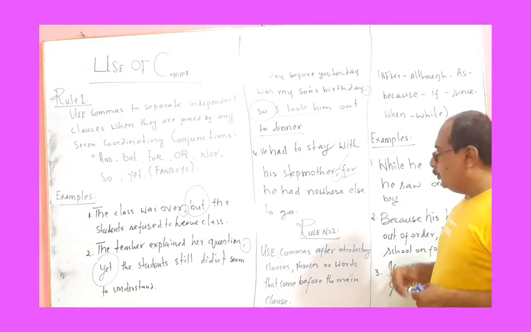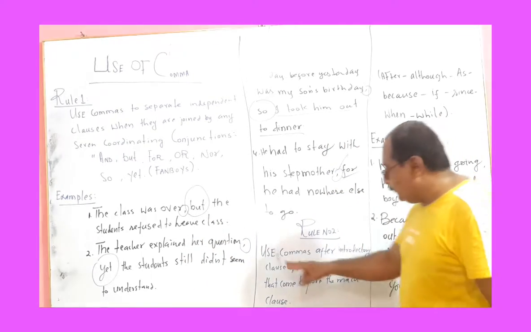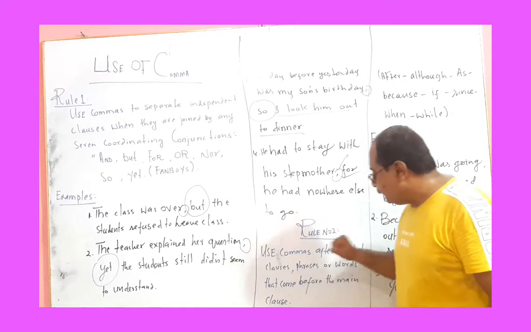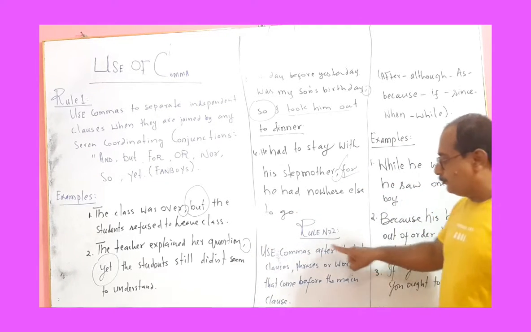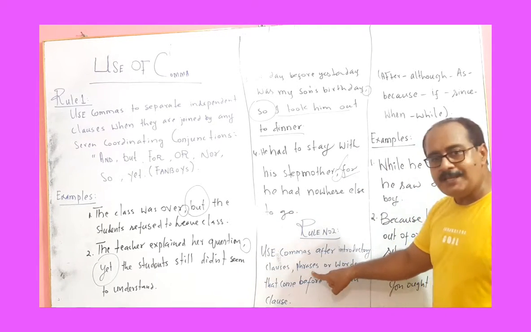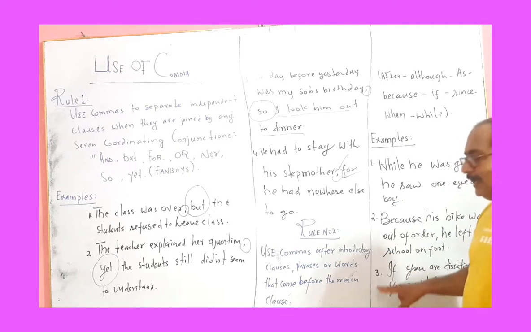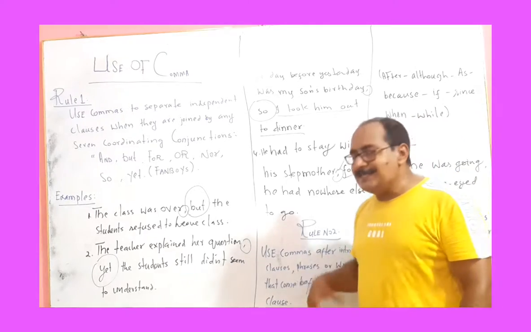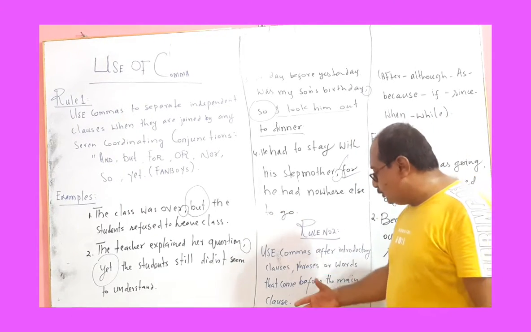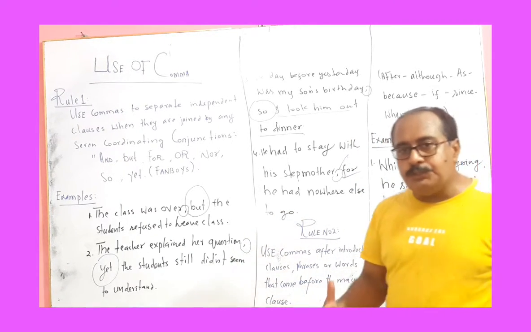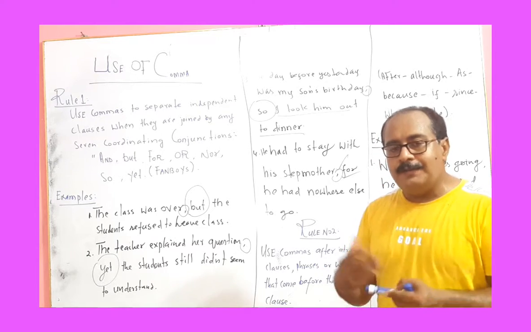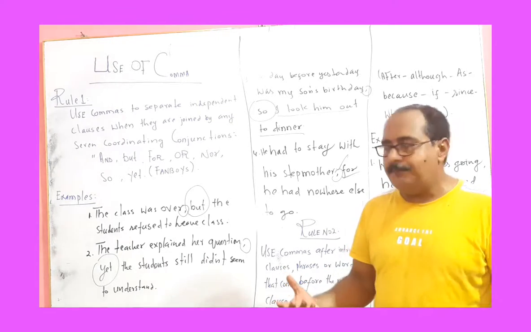Moving to rule number 2, it says, use commas after introductory clauses, phrases, or words that come before the main clause. These are certain words, clauses and phrases, that when they are used as introductory, we are supposed to separate with a comma.